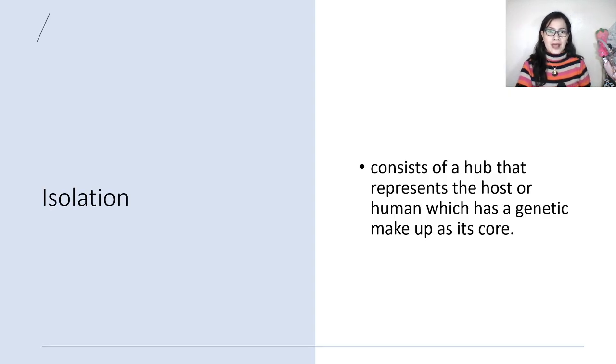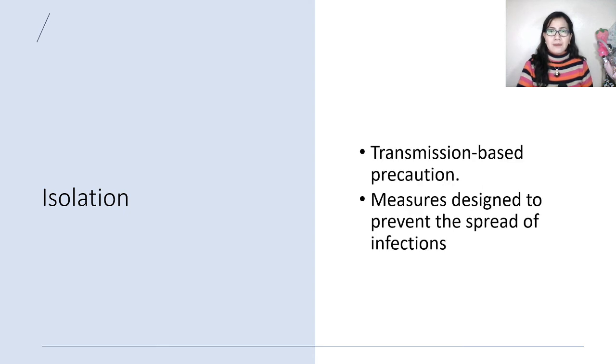Isolation, on the other hand, is the transmission-based precaution. This refers to measures designed to prevent the spread of infections or potentially infectious microorganisms to health personnel, clients, or visitors.